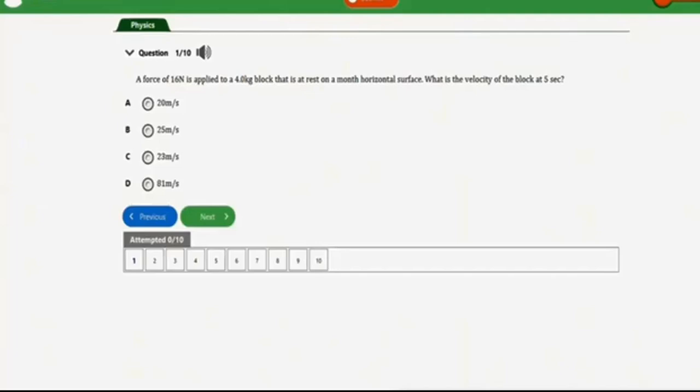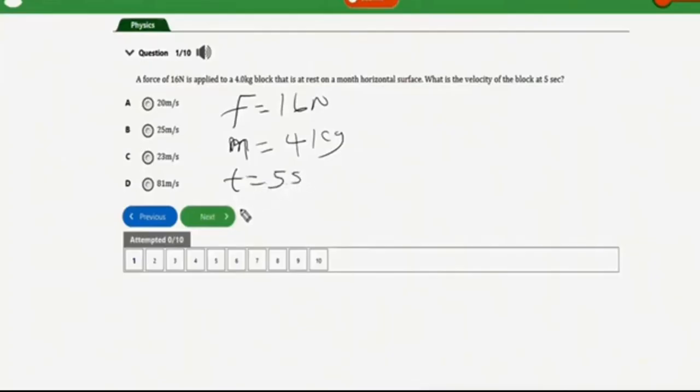Alright, now let's solve this, guys. Let's break down the parameters in this question, which is very important. We have the force to be 16 Newton, the mass, M, to be 4 kg, and the time to be 5 seconds.